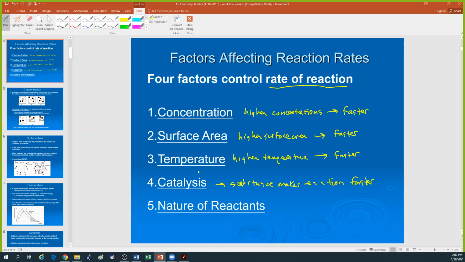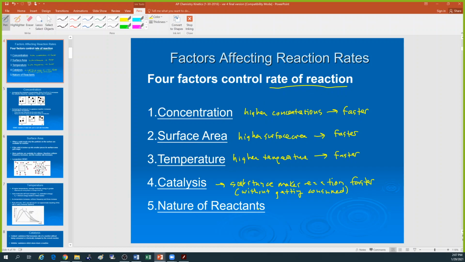But for now, just the idea that there's a catalyst present, we know that that's going to speed up a reaction. And another corollary to that, we should add the fact that catalysts don't get consumed or used up. A catalyst is a material that helps the reaction but doesn't directly get used like a reactant.